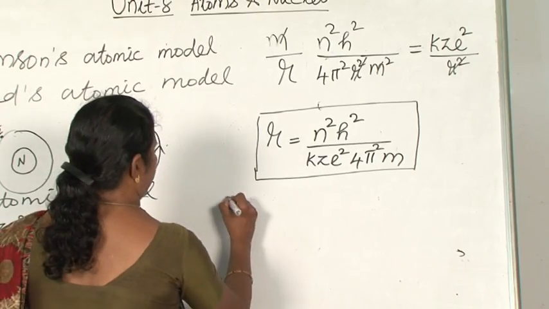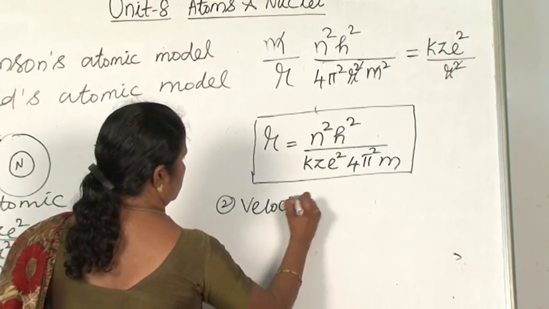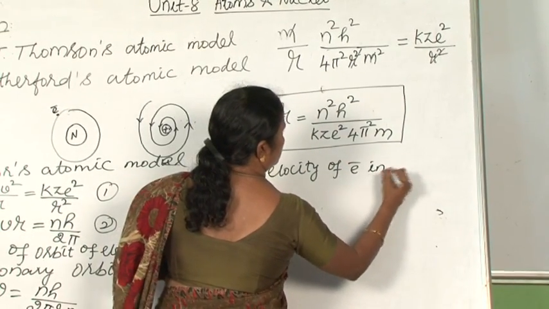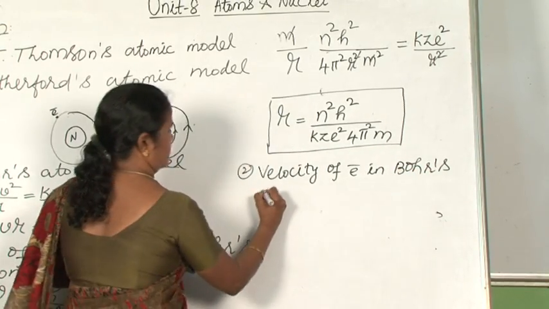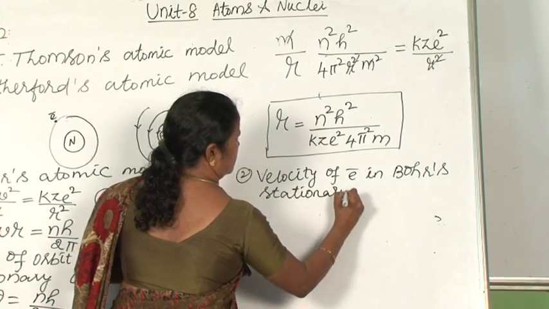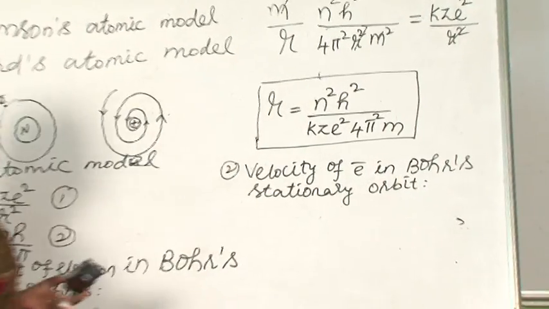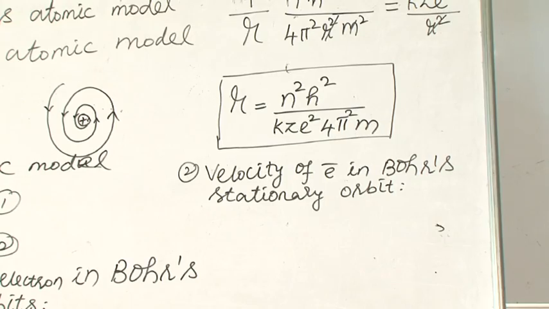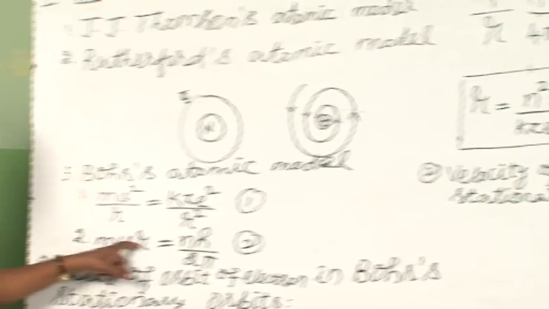Now we will derive the second expression, the velocity of the electron in Bohr's stationary orbit. To derive this expression for the velocity of the electron, from expressions 1 and 2 we will take them in the form of r.